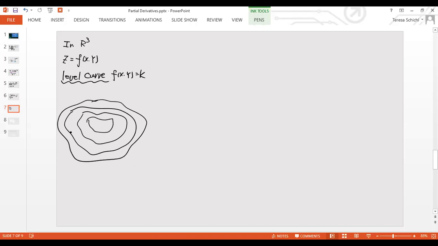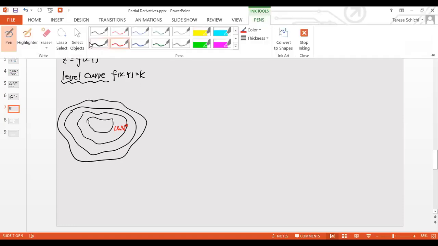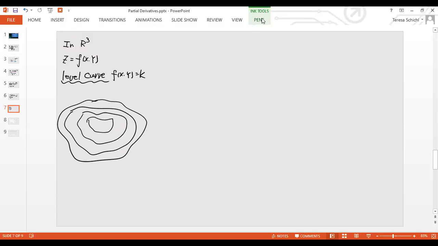Okay, so now if I have a point here, this is x0, y0. Let's change it to maybe make the point not parallel to y. So I have a point here, and this is the point x0, y0.